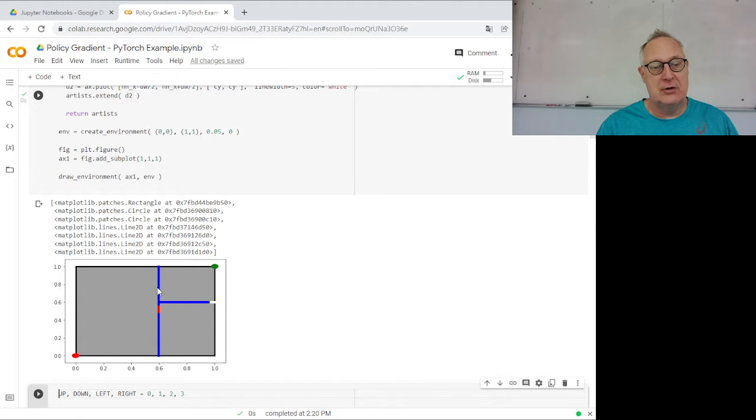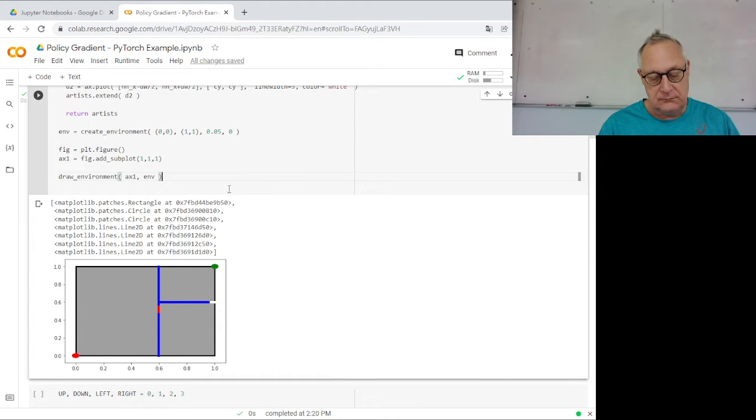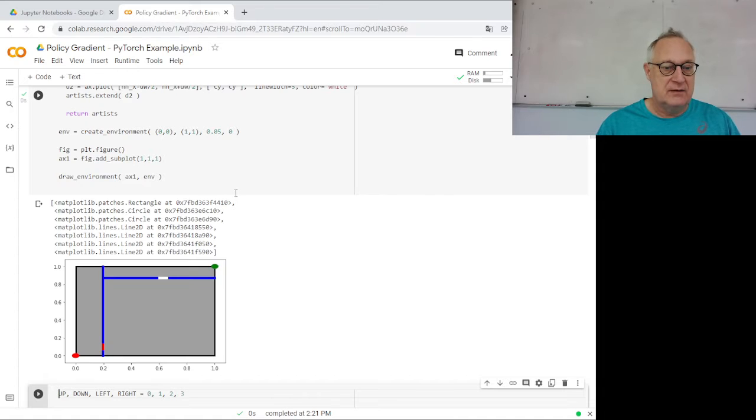So the robot cannot go through the blue walls, has to go through the door here and then through the door there, and then it can reach the goal location. And we can create different ones, right? But it's always these 3 rooms.